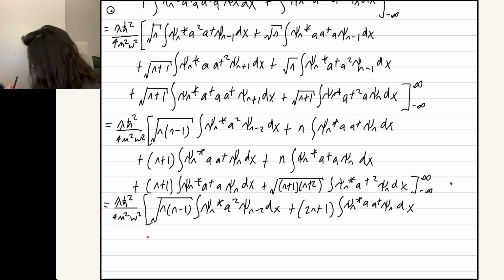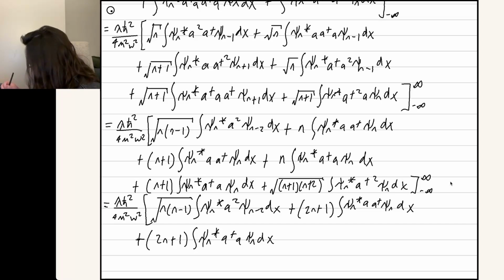And then also a couple of a dagger a terms, which also adds up to 2n plus 1: the integral of psi n star a dagger a psi n dx. And then also the last term, which is this thing.